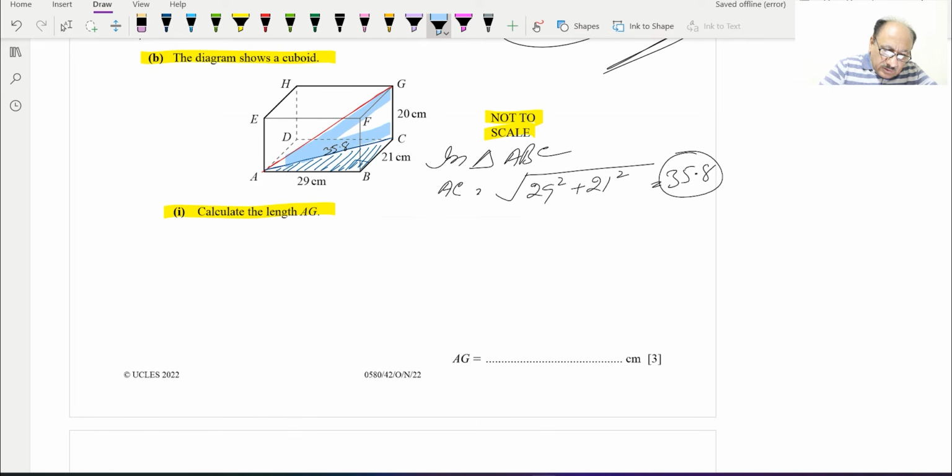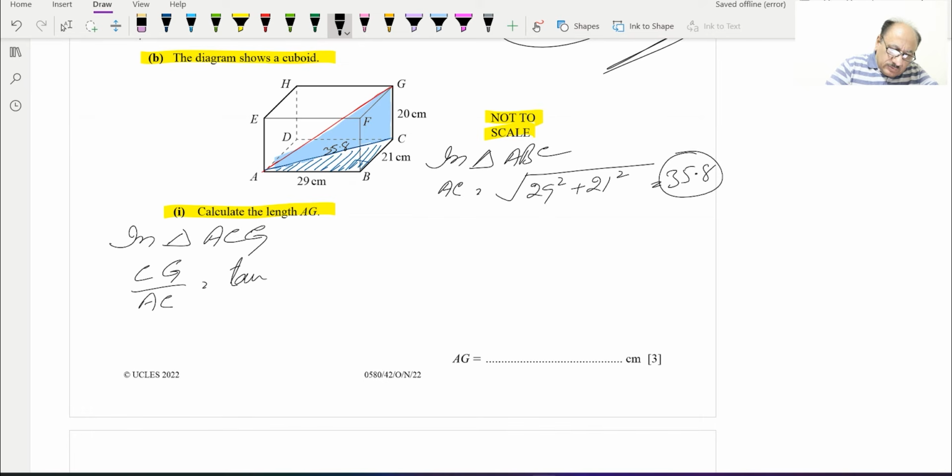Basically in this triangle we can calculate, and this will be 20 over 35.8, we will write here in triangle ACG, CG over AC is equal to tan theta, and this is the angle which we are finding, tan theta. So or tan of, no, basically theta is not required.